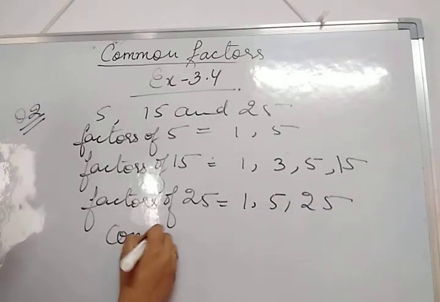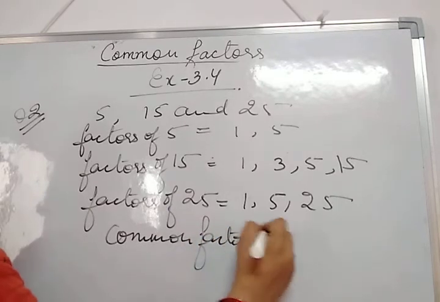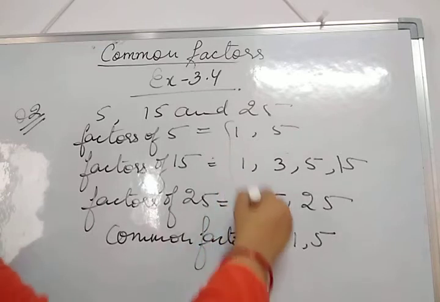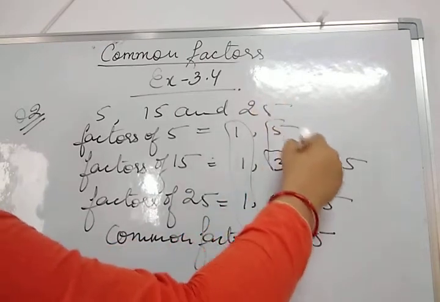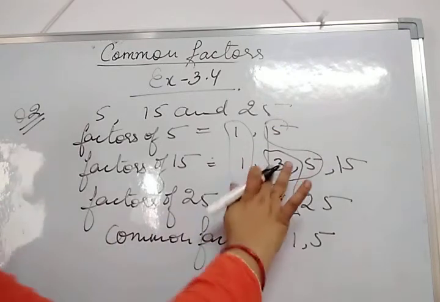So what are the common factors? The common factors are 1 and 5. Okay.